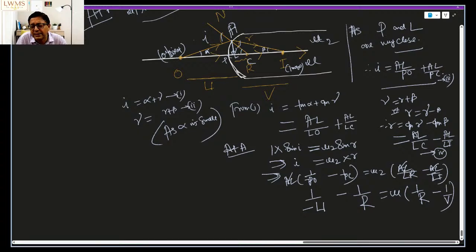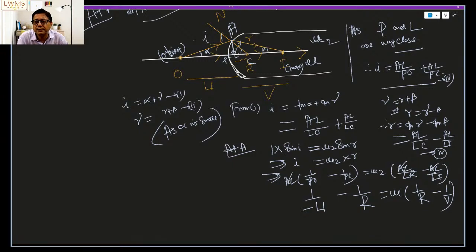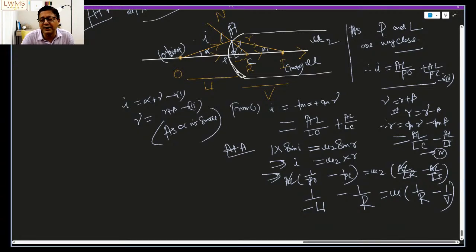LI is V, and LC is R. Check it for the left side: AL into 1 by PO, PO is opposite to the direction of light, so minus, and AL by PC.